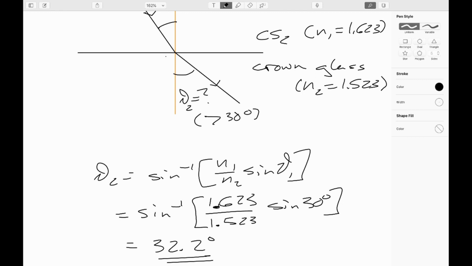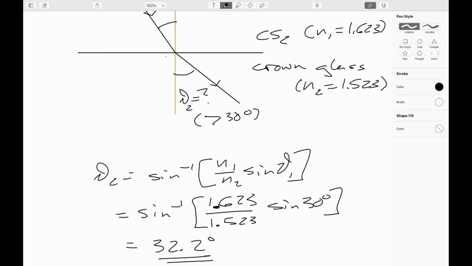Now, you may look at this and say, wait a minute, I know that the sine of an angle can run anywhere from 0 to 1 if we're in the first quadrant, and we always are.